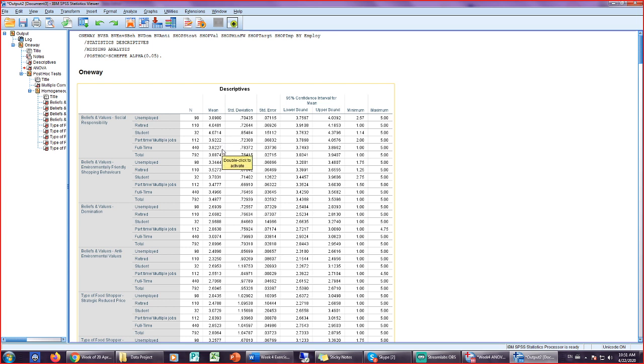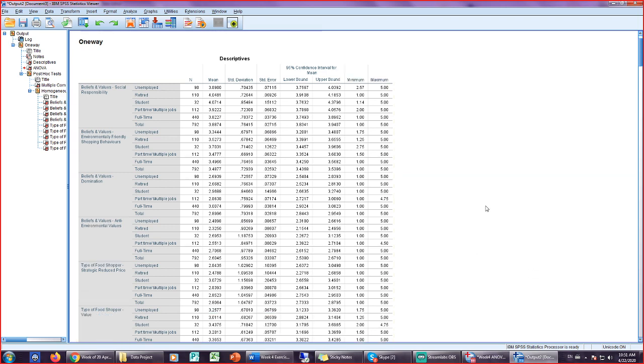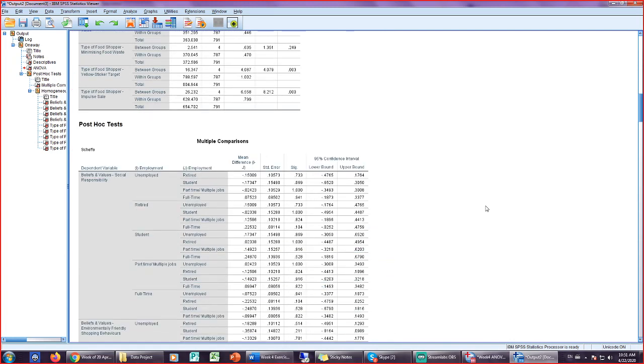Full-time workers generally identify least with social responsibility values. That's as much as you can say about that. You can't draw any conclusions about those being significant differences because the post hoc has no significant values.